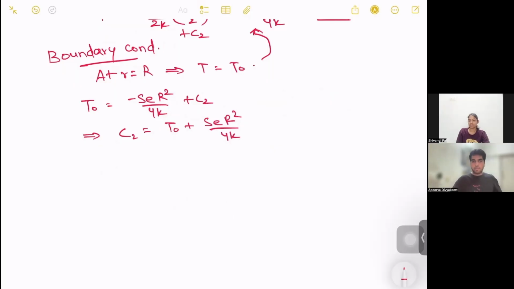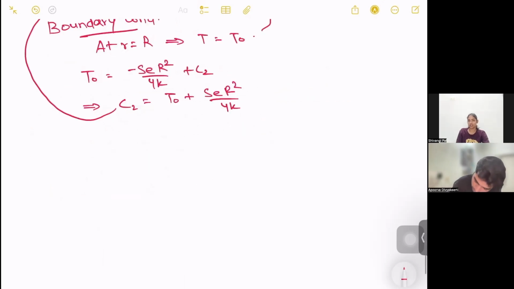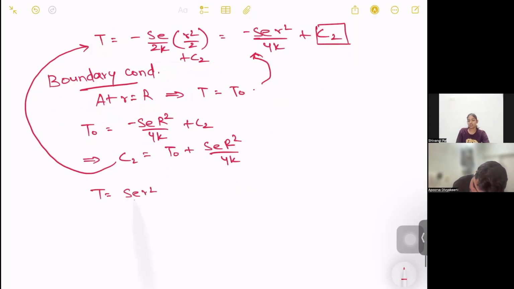Now we'll substitute this C2 into our above equation and we'll get our final temperature profile equation. So our final temperature profile equation will come out to be T equal to minus S_c r square by 4k plus S_c capital R square by 4k plus T naught.